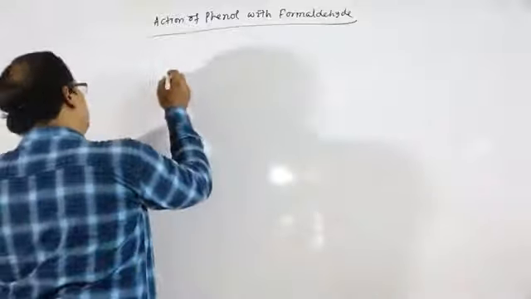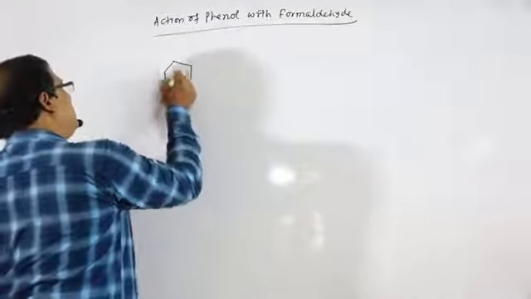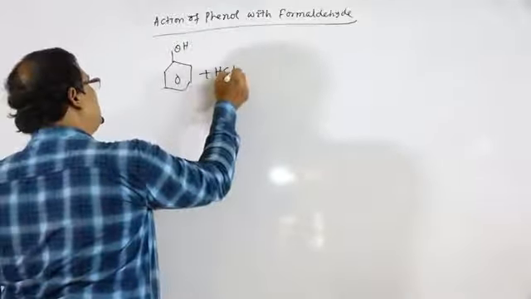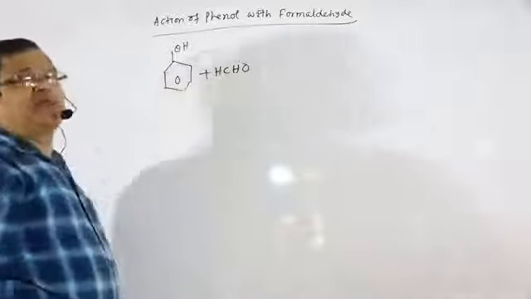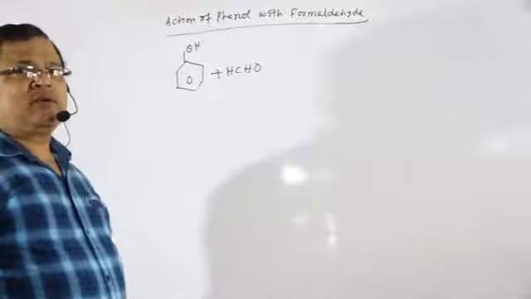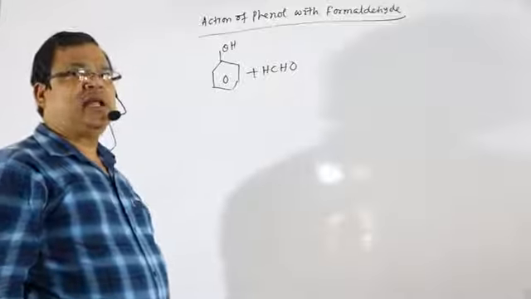So phenol first reacts with formaldehyde, HCHO. There is the formation of ortho-hydroxy benzyl alcohol or para-hydroxy benzyl alcohol.